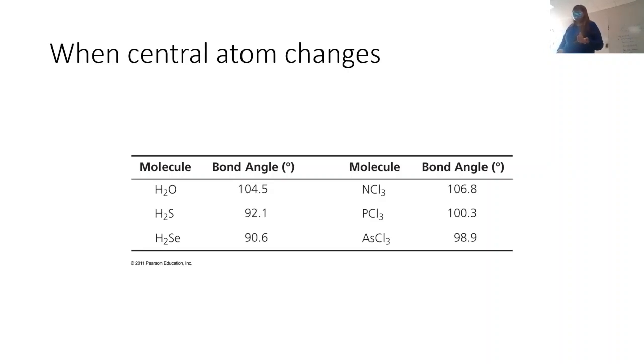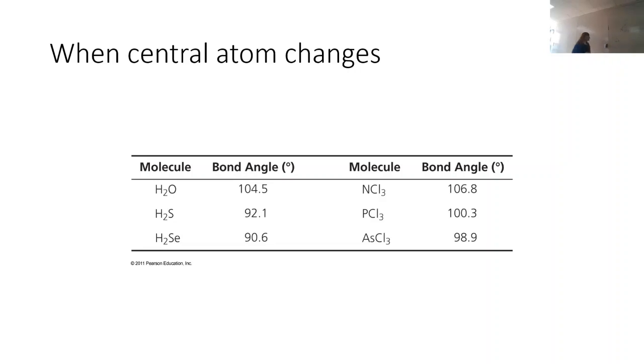So if we think about what this might look like pictorially, notice that we have the outside atoms are the same in each column. So in the first column, they're all hydrogen as our outside atoms. We have our typical water molecule, and this angle is our 104.5. I should probably draw those a little farther apart.